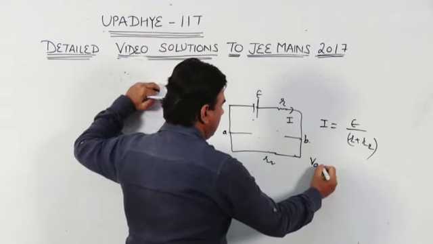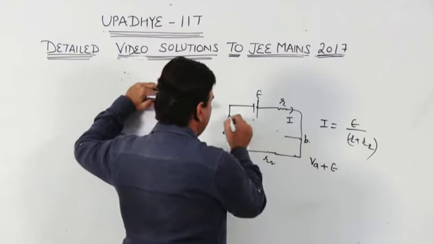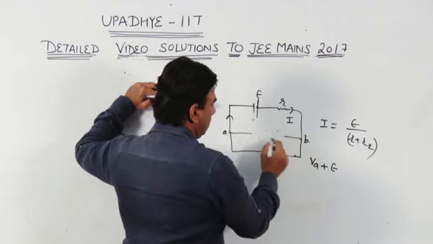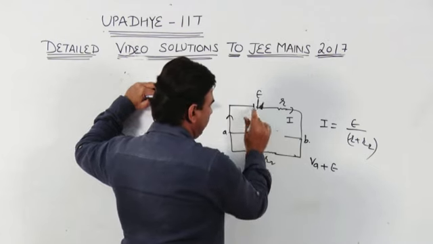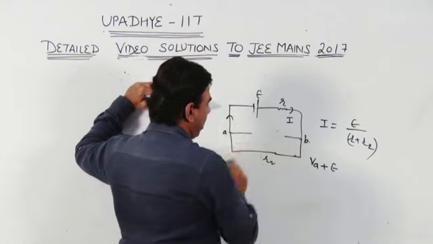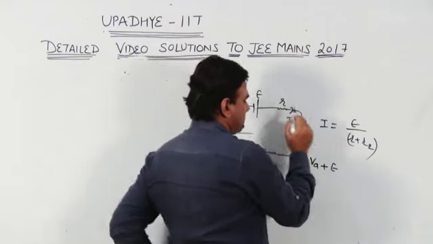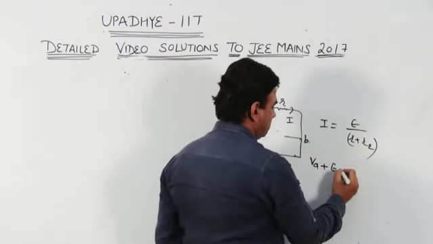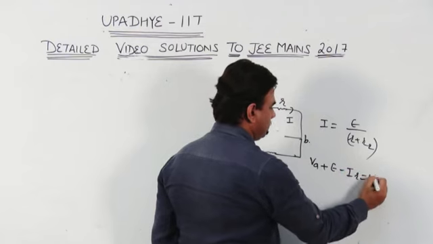So VA plus E, from A to B we will move. In between, the battery will come, since it is an active element, and this resistance is a passive element. So IR equals VB.